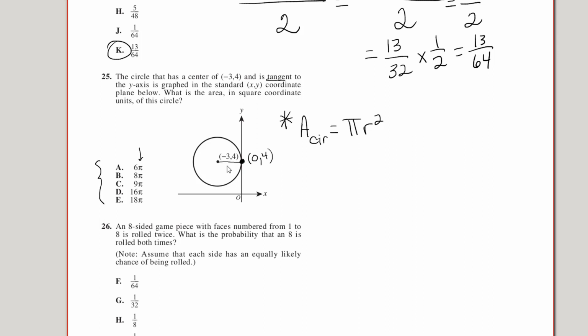That's the point (0, 4). So we can find this radius value here. It goes from 0 to -3. That means we have a radius of 3. R is equal to 3. So I'm going to plug in 3 squared for my radius, and that is equal to 9 pi, which is answer choice C.